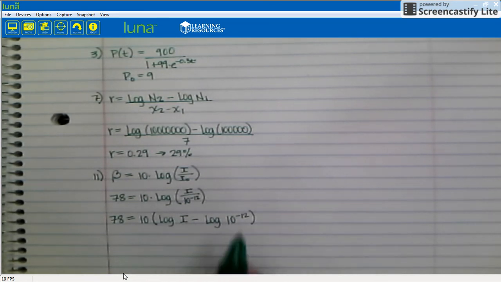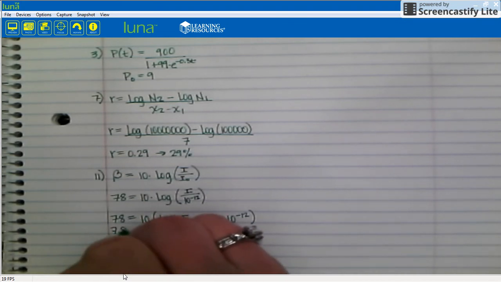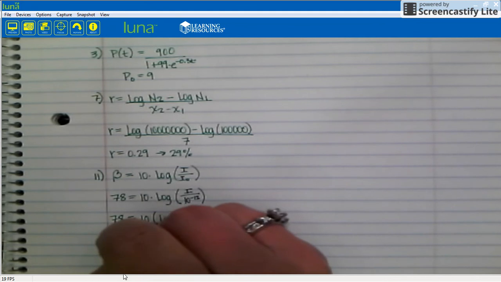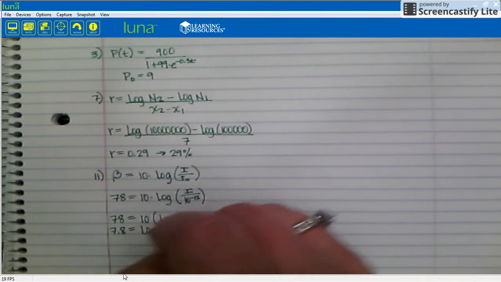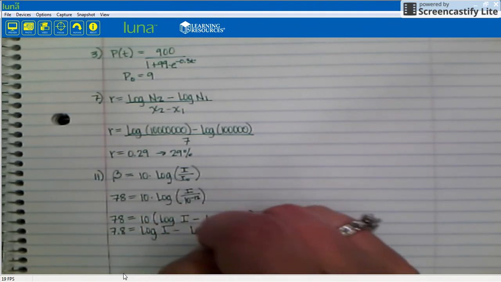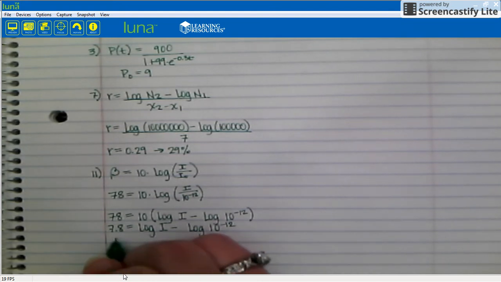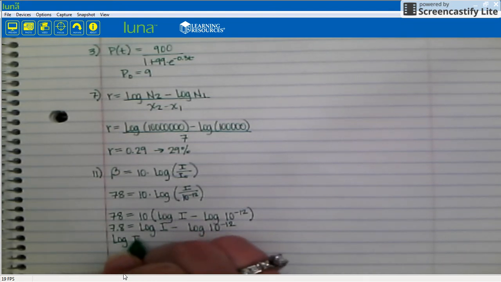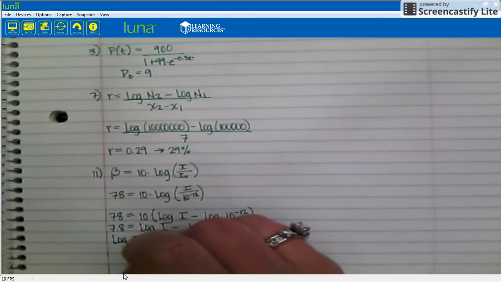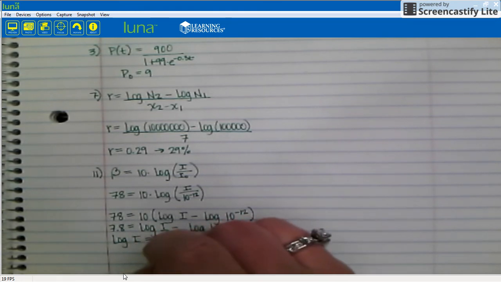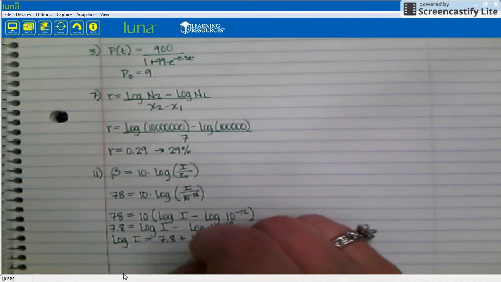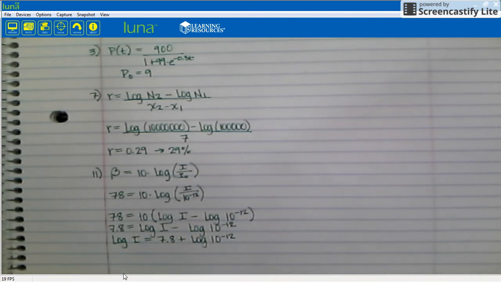I can go ahead and divide by my 10, and this gives me 7.8 is equal to log of I minus log of 10 to the negative 12th. In order to get rid of my 10 to the negative 12th, I'm going to add it over. So this gives me log of I is equal to 7.8 plus log of 10 to the negative 12th.